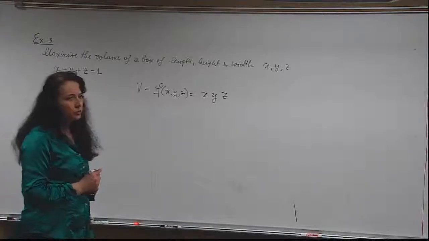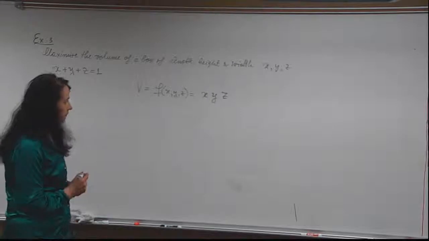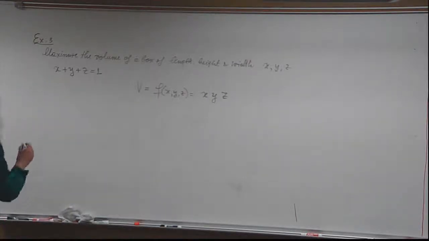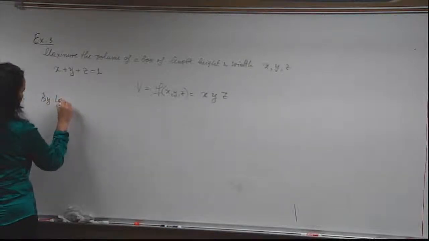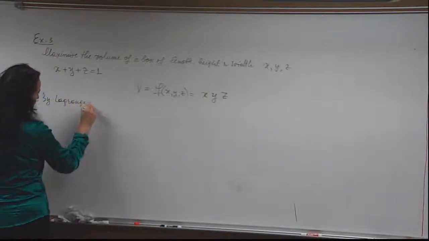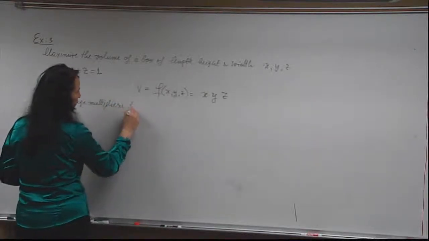I would like you to cook up step 1 and step 2 for me. Which method? By the Lagrange multipliers, I specify, for functions of 3 variables.